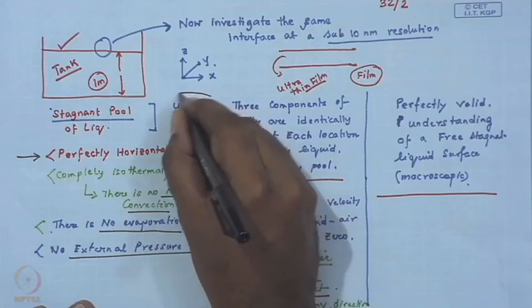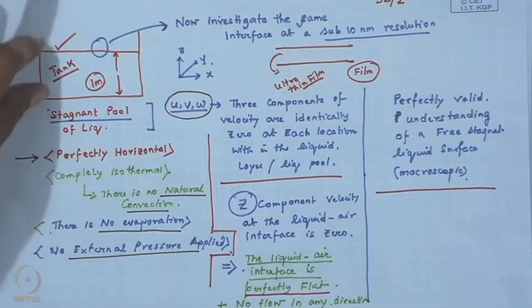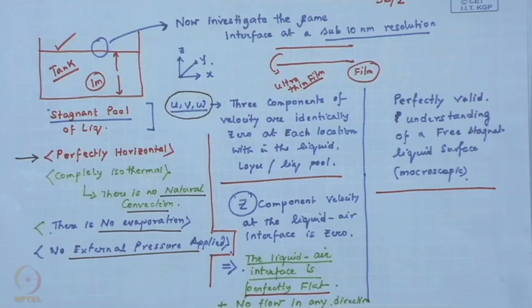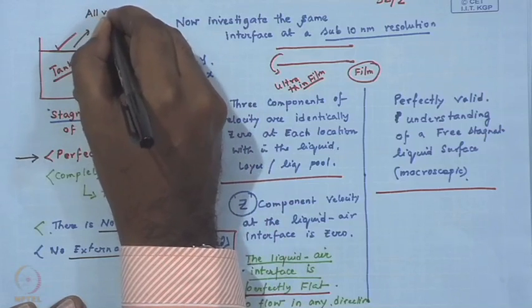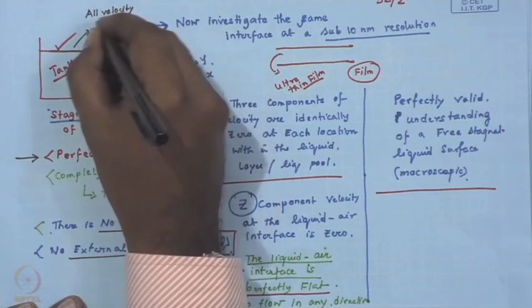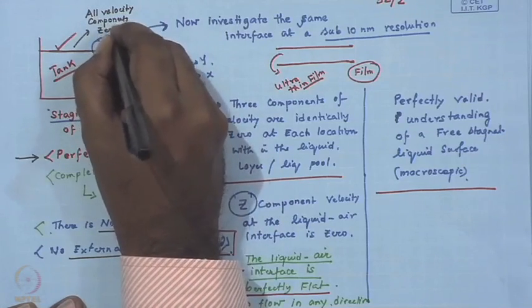In that case, if you decide to solve the Navier-Stokes equation, or even if you do not solve, you understand that you are talking about a stagnant pool of liquid. So, u, v and w, the three components of velocity at every location within this zone, are identically 0, and since the z component velocity as well as all the other components of velocity at the free liquid air interface are 0, here I would say all velocity components are 0.